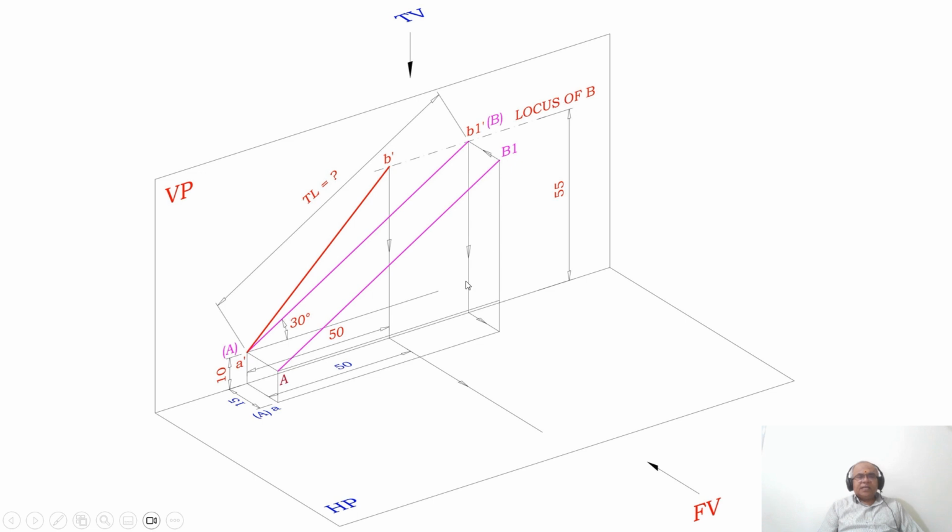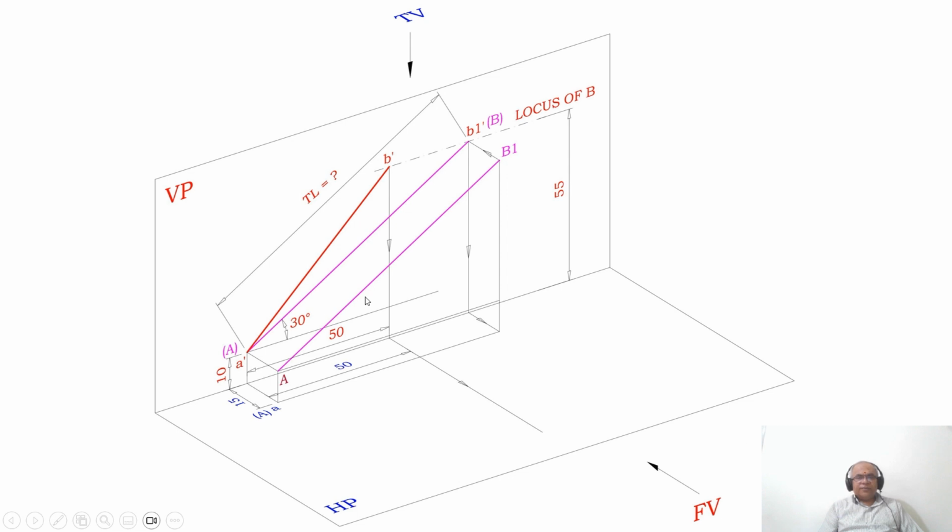Then it says the line is inclined at 30 degrees to HP. What does it mean? It is the true length of the line which is inclined at 30 degrees to HP. Since the inclination is given with respect to HP, the angle can be seen in the front view. So from a dash, you draw a line inclined at 30 degrees to HP such that it cuts the locus of B in the front view.